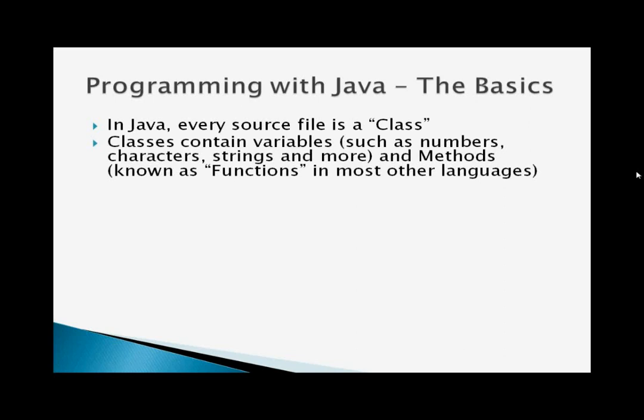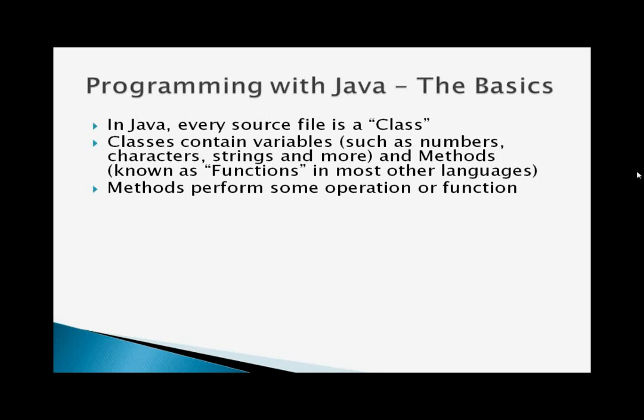And they also contain methods, which are also known as functions in most other languages. Methods do some operation or function, thus the name, whether a simple calculation or a very, very difficult calculation, graphical display, etc. Functions are kind of what really drive your program.